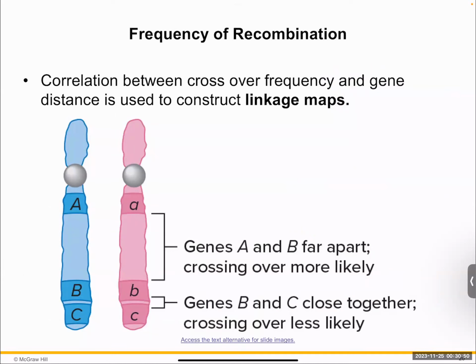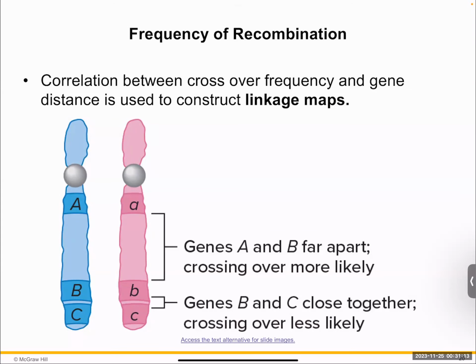Now, we can use this concept of recombination to figure out the linkage map. Are these proteins linked together? Sorry, I should say genes. Are these specific genes linked together? Or are they separated from each other and therefore can undergo recombination and independent assortment?